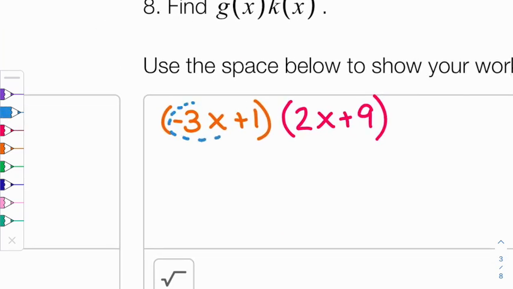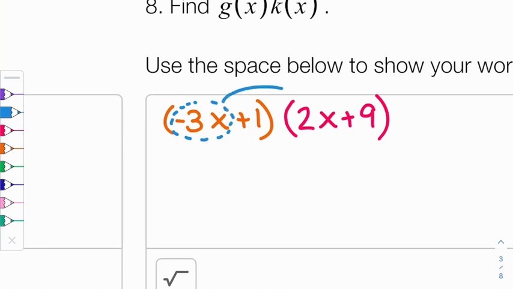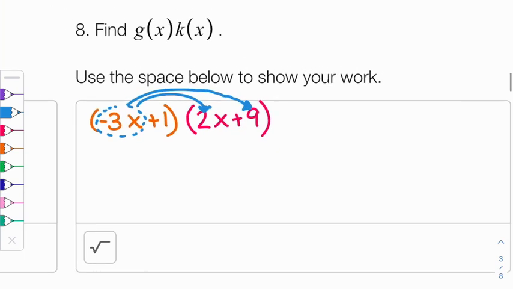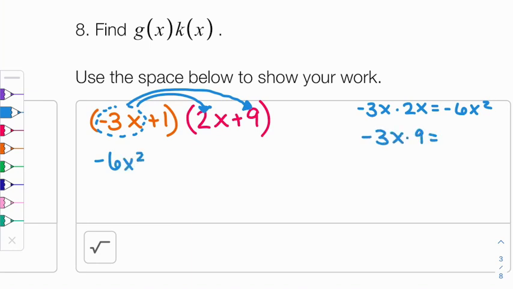So -3x times the first term here and times the second term here. So it's going to be -3x times 2x, which is -6x squared. And then -3x times 9 is -27x.